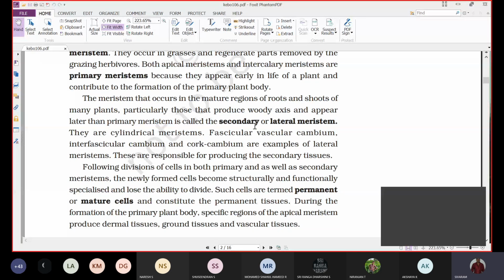Whereas the third, the lateral meristem or secondary meristem, is the meristem which is developed in the later period of the development of the plant body, in which the plant shows a woody axis. It may be the root or stem.